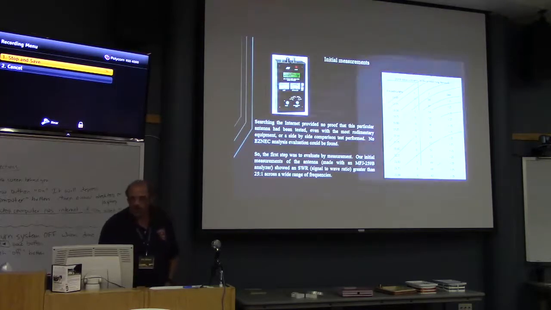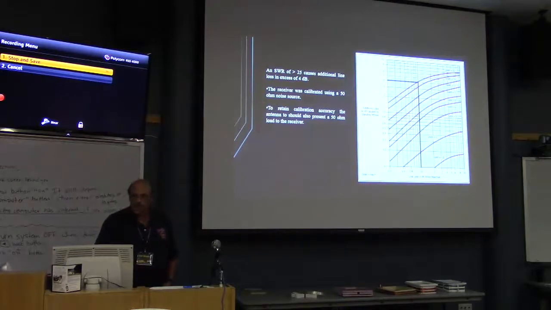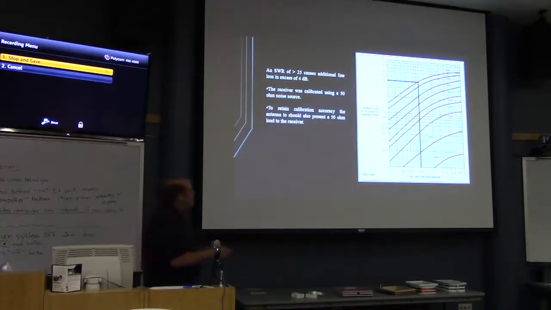So this is a plot of the fact that that thing is so bad, so lossy, that essentially what this chart shows you is that if I start with 1 dB of loss, which is what I measured, and I measure this up to the maximum of 25 to 1, worse than 25 to 1.